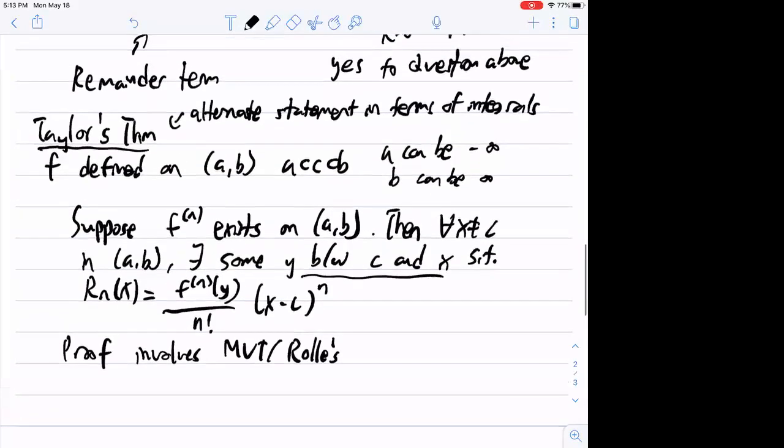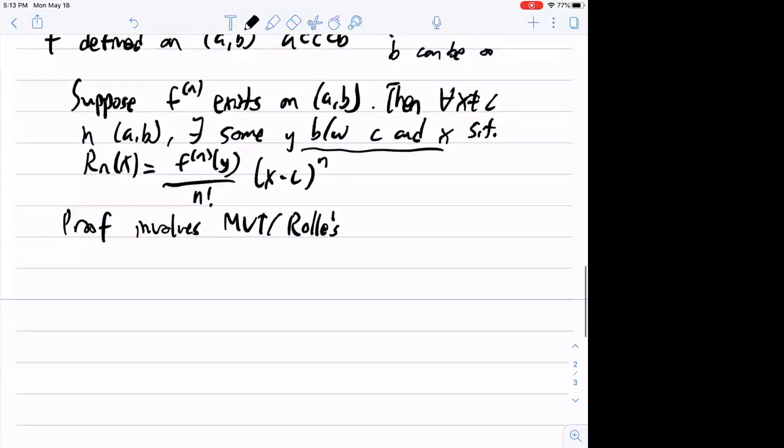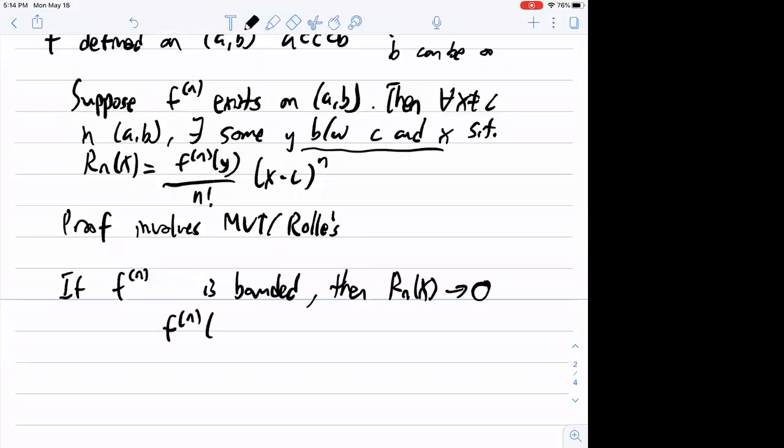Okay. So why is this important? It's important because if f^(n) of y is bounded, I mean, let me just write f^(n) is bounded, then Rn of x goes to 0, right? Because I don't care what y is, if it's bounded by some M. And this thing goes to 0 as n goes to infinity.